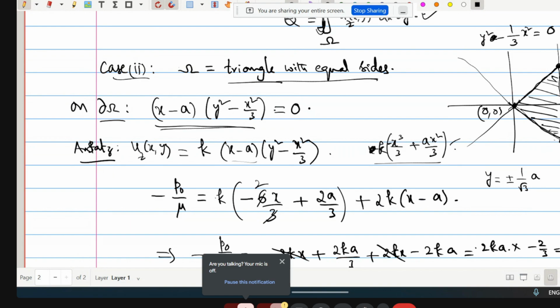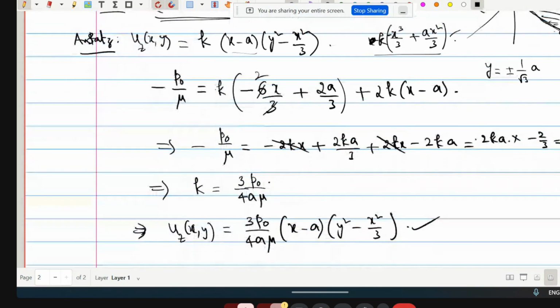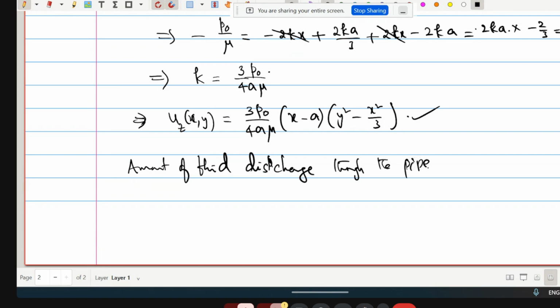Then we can put x from 0 to a and so on. Do it yourself. So the amount of fluid discharged through the pipe, I mean this triangular pipe, in unit time.